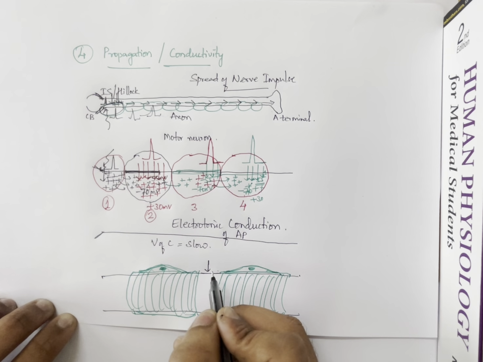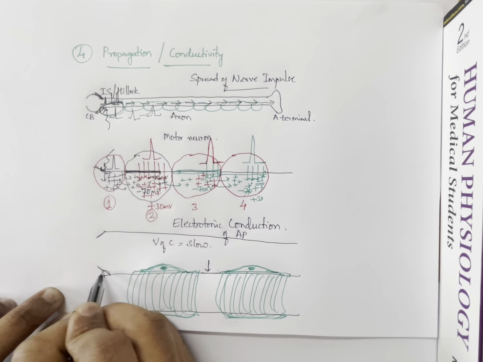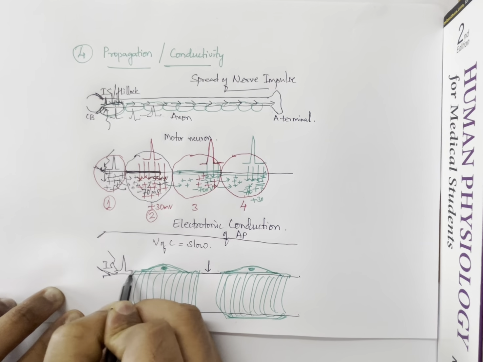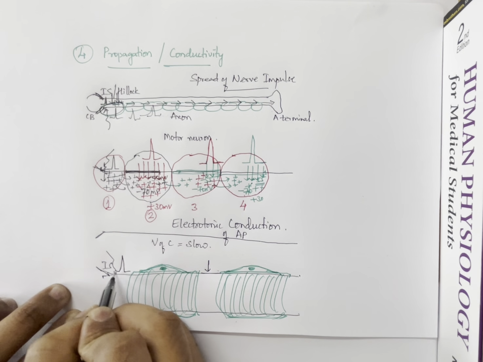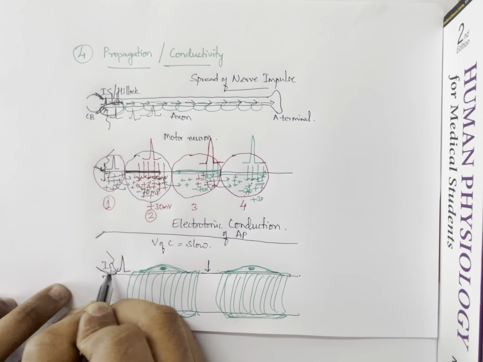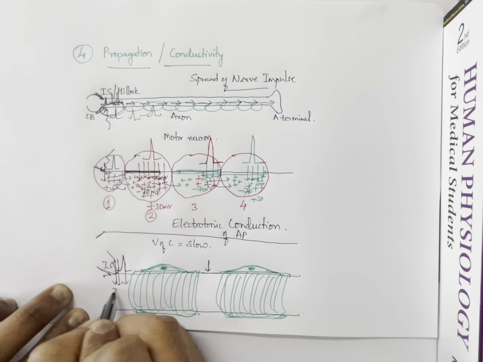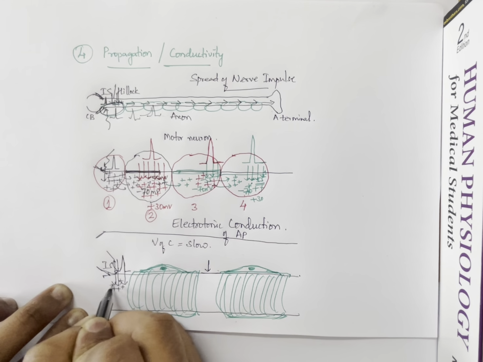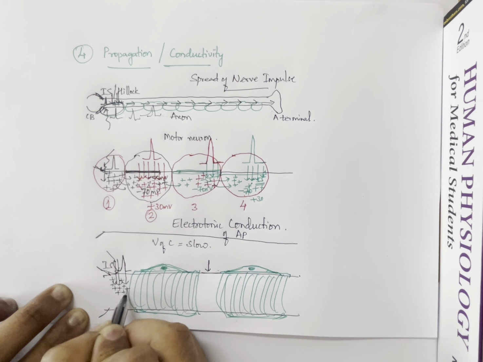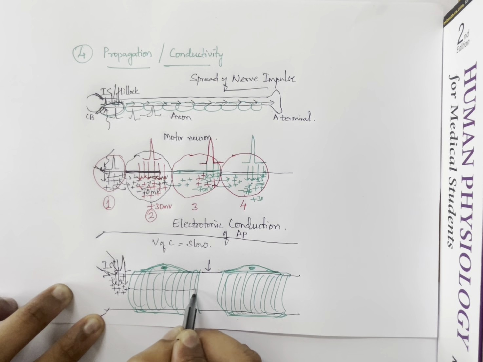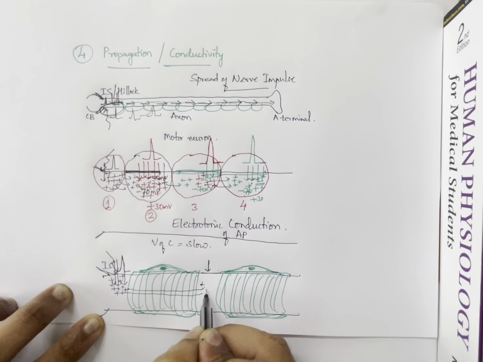Now let us explain how the action potential, which is generated at this axon hillock or initial segment, propagates now. So with the action potential generated at the initial segment, more and more positive ions are entering through voltage gated sodium ion channels, and these positive charges diffuse through the axoplasm to the node of Ranvier.